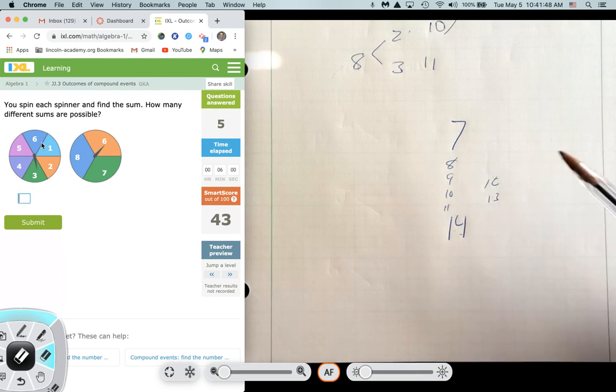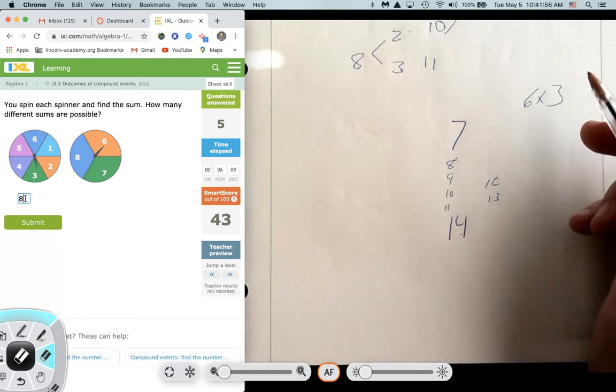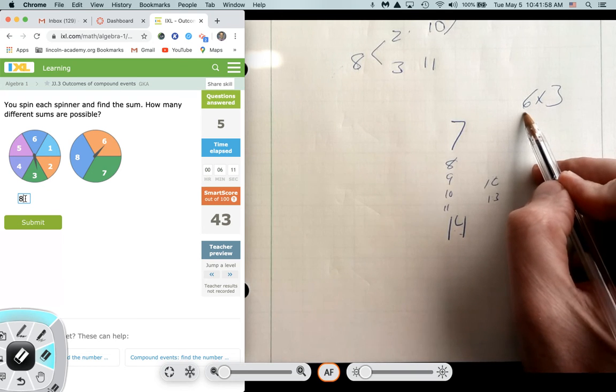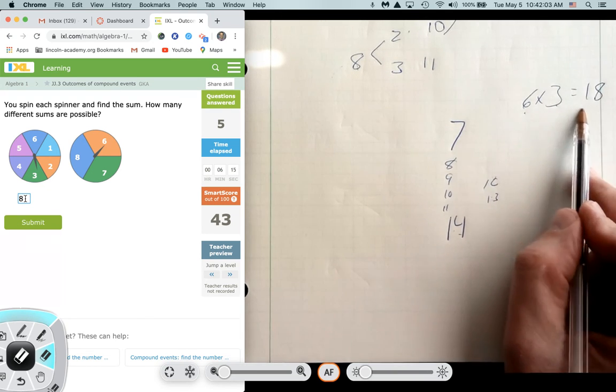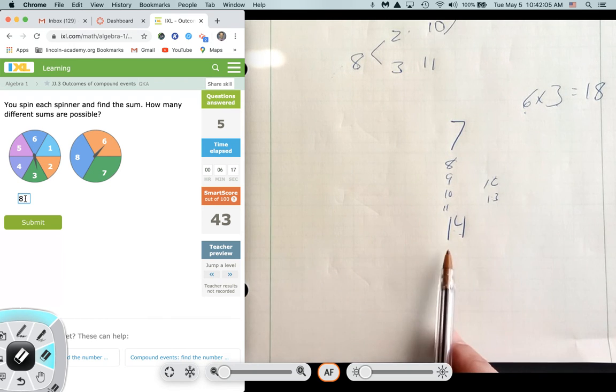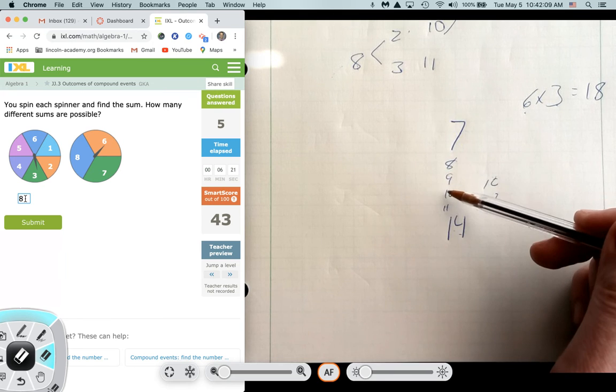So 8 possible sums that I could get, even though if I take 6 times 3, because there's 6 possible outcomes on the first spinner, 3 possible outcomes on the second spinner, that's 18. There's 18 total outcomes, but only, what did we say there was? 8 unique ones. 1, 2, 3, 4, 5, 6, 7, 8.